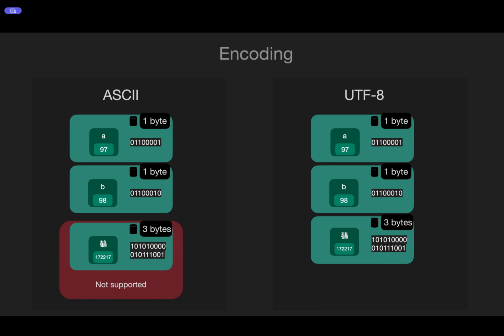For instance, UTF-8 can store any Unicode character. So it stores the characters A and B in 1 byte, just like ASCII does. But it can also store the character with the number 172,217 in 3 bytes.